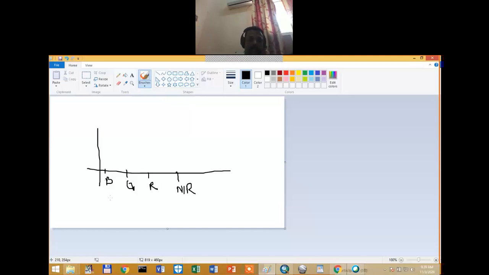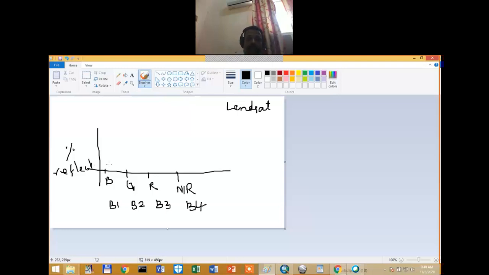So this one is band number 1, this is band number 2, this is band number 3, and then here we have band number 4. This is a typical example of a Landsat satellite. And then on the y-axis we have the percentage of reflectance.